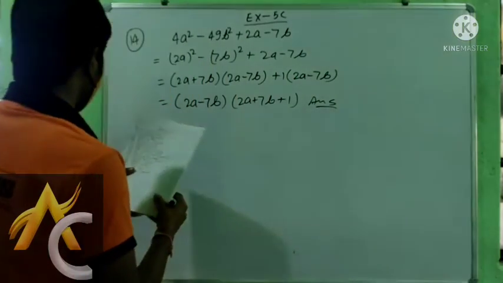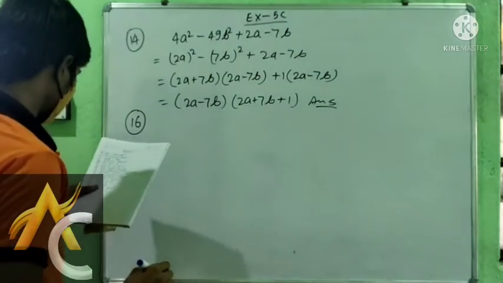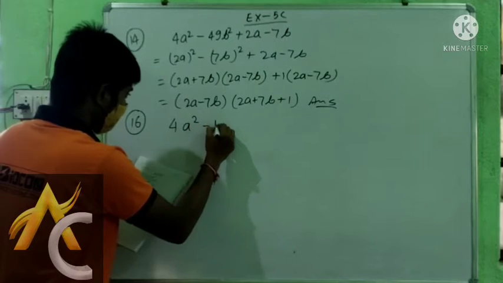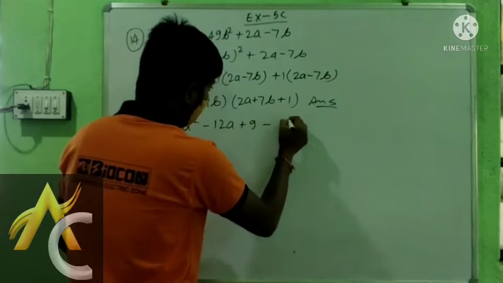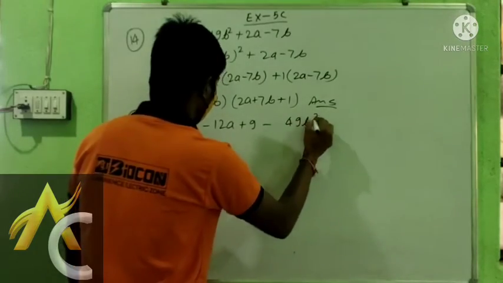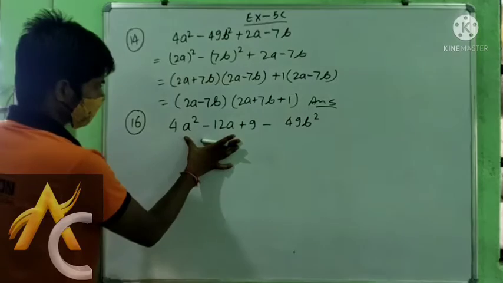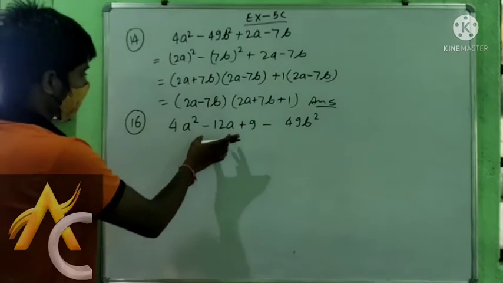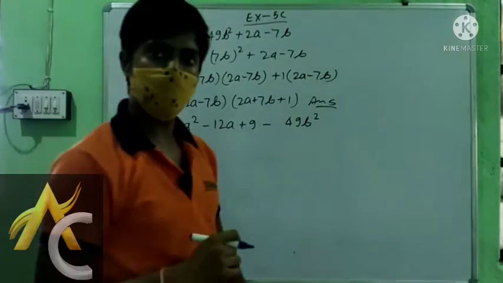Now question number 16. Question number 16 is also too easy. It is written here 4a square minus 12a plus 9 minus 49b square. Now by looking at it carefully, we can convert these three terms in the form of a minus b whole square.